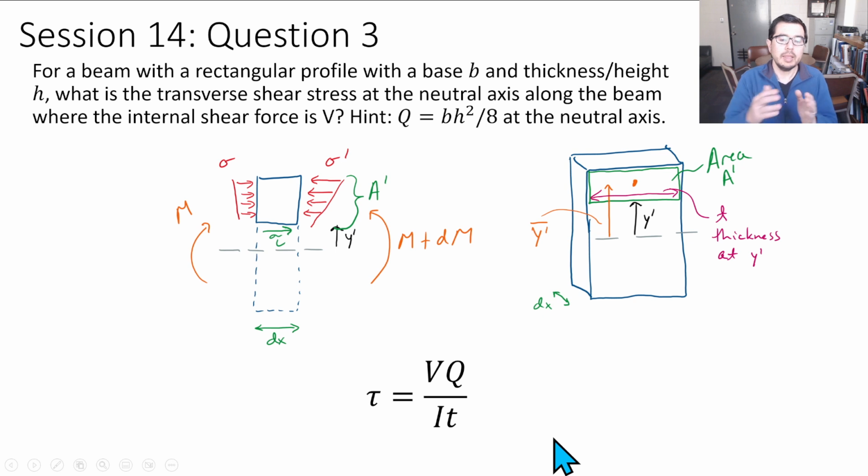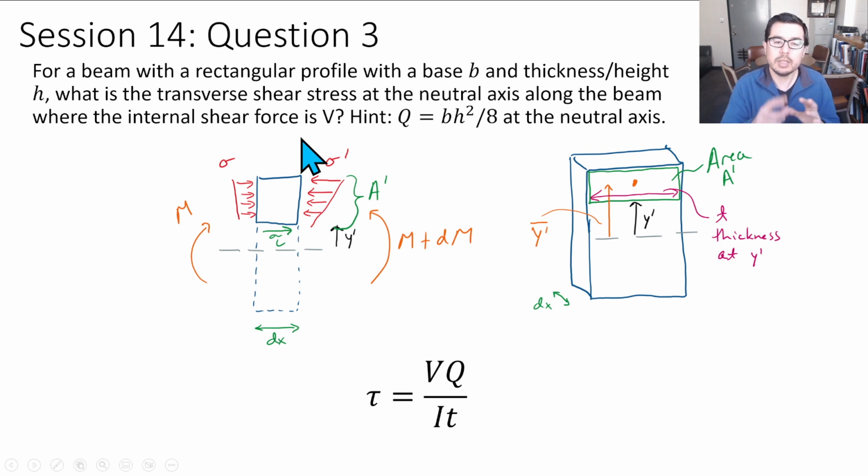Well, we're at the end of this portion of session 14, and we have a question. This is the third question for the session. For a beam with a rectangular profile with a base B and thickness or height h, what is the transverse shear stress at the neutral axis along the beam where the internal shear force is V?